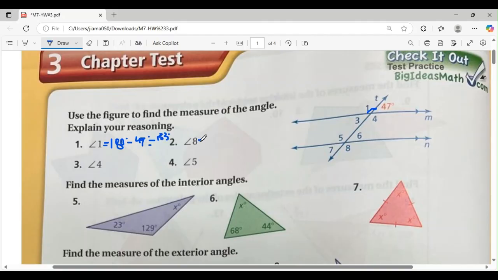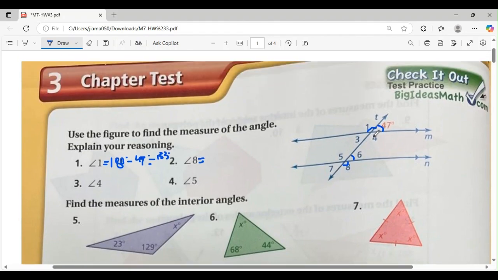Okay, let's see. Number 2, angle 8. Angle 8 is right here. We know that this angle is 47 degrees. This angle and this angle are corresponding angles, which means they have the same degrees.